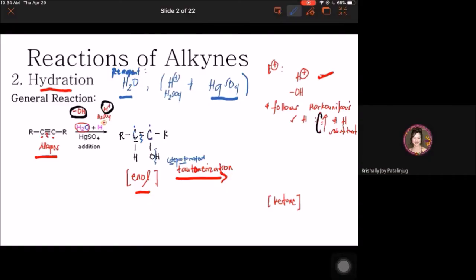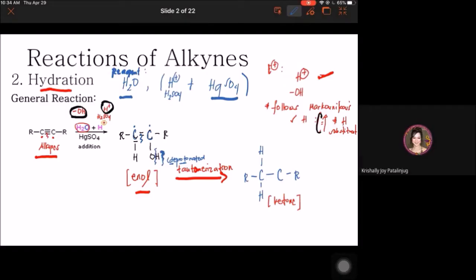Of course, by Markovnikov's rule, this hydrogen will be added to the carbon with a greater number of hydrogens. So from this skeletal structure, you'll have this carbon being stabilized via further addition of the hydrogen from the protonation process of this part of the enol.